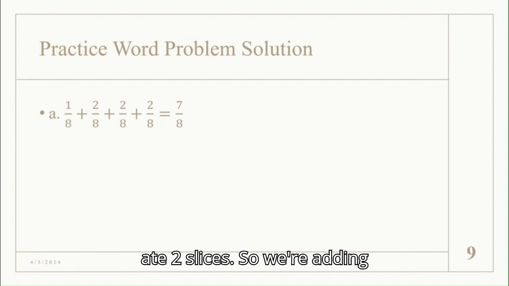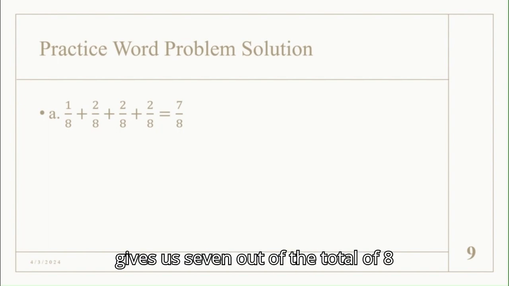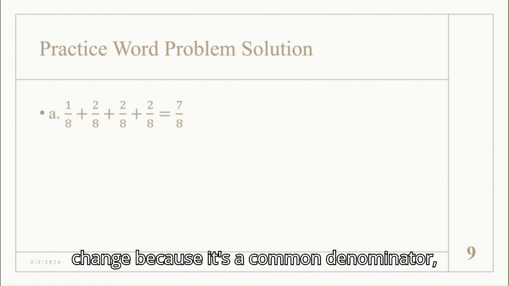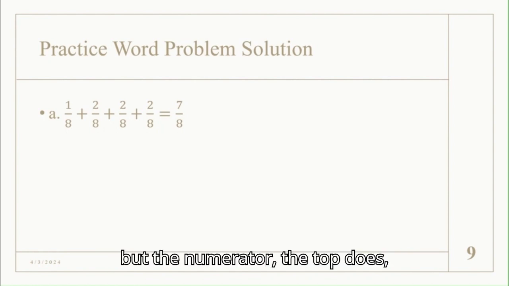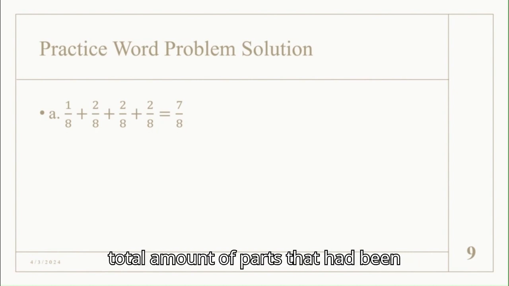So we're adding 1 plus 2 plus 2 plus 2, which gives us 7 out of the total of 8 slices. The bottom number doesn't change because it's a common denominator, but the numerator, the top, does. And so we add up the top to give us the total amount of parts that had been eaten.